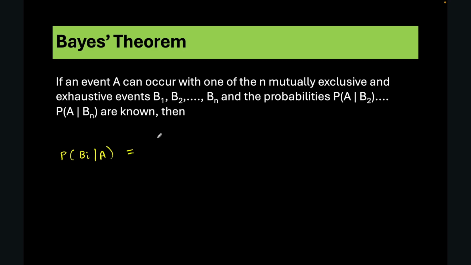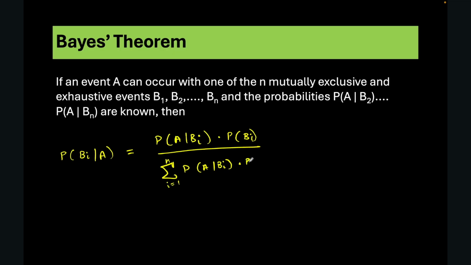This can be written as the probability of A given that B_i occurs times the probability of B_i, and the total probability below would be the summation of all the events that can take place from i equal to 1 to n, with the same scenario, probability of A given B_i times probability of B_i.